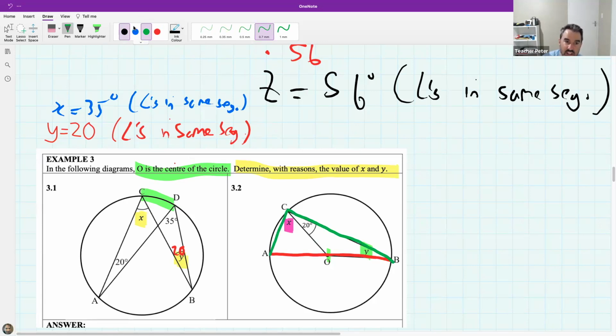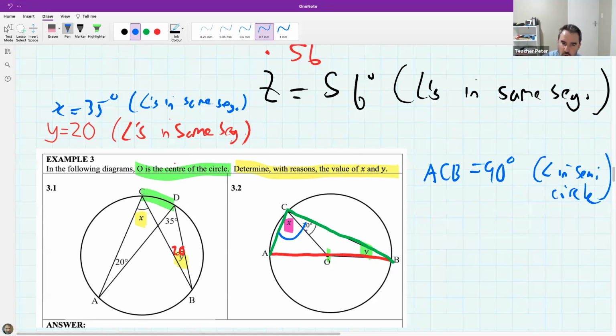That whole angle actually has to be 90. So the way I would write that would be ACB is 90, and the reason given would be angle in semicircle. But because you know that one is 20, then X must be 70.